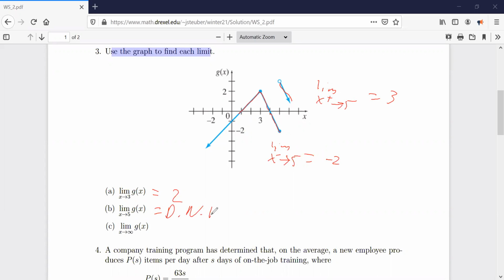If the left limit and the right limit don't agree, then the limit does not exist. And for letter C, we're going to use the same rule that we did before: if it approaches positive or negative infinity, we say that it approaches positive or negative infinity instead of saying that the limit does not exist. So I just follow this down. It looks like it's a line that's decreasing as x decreases.